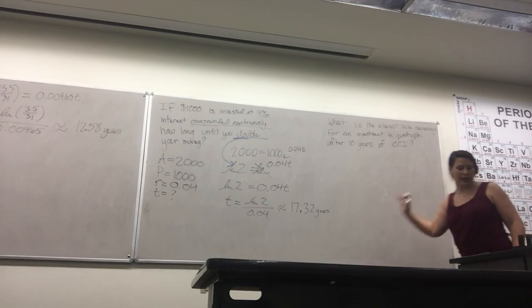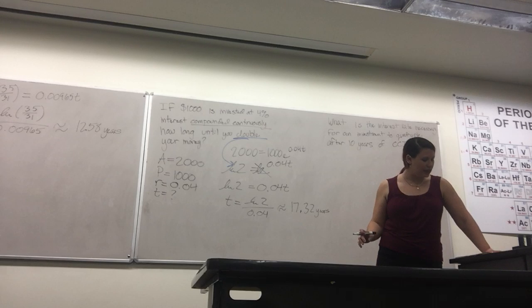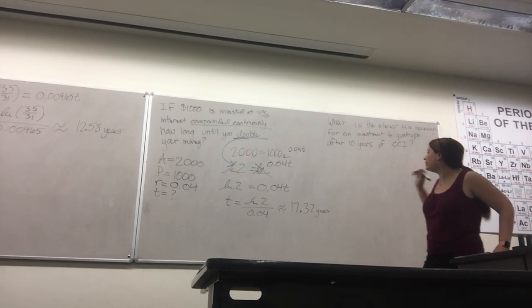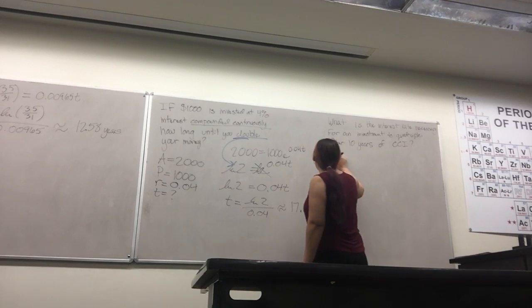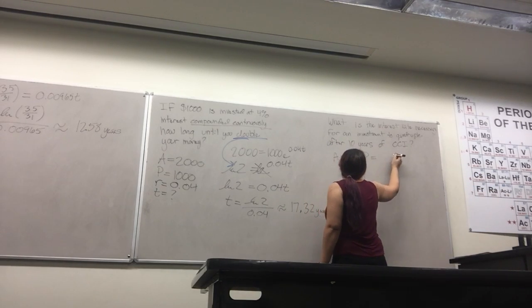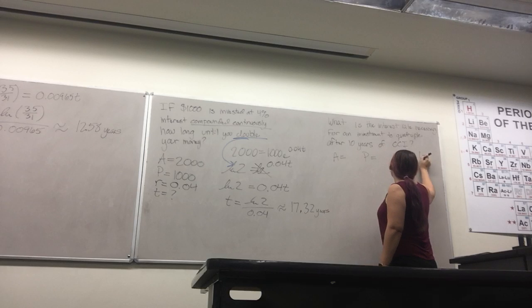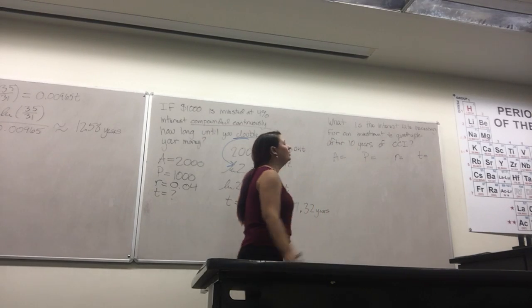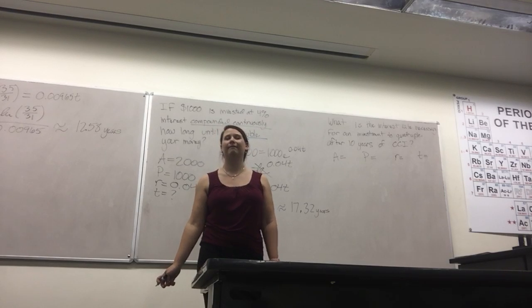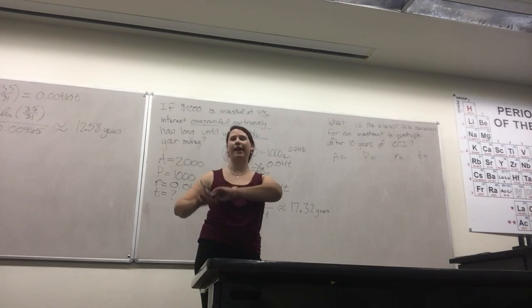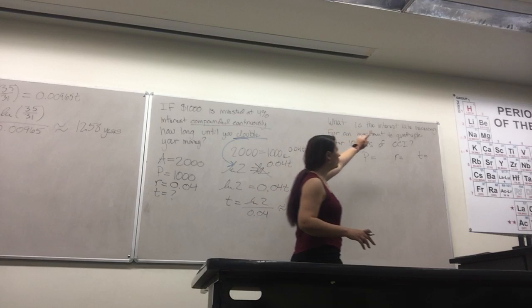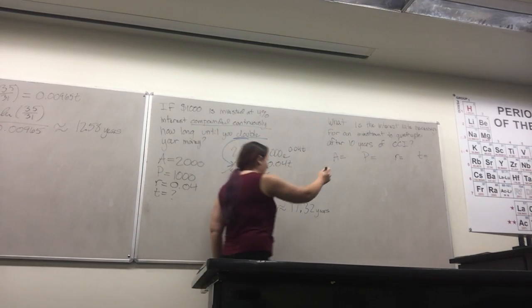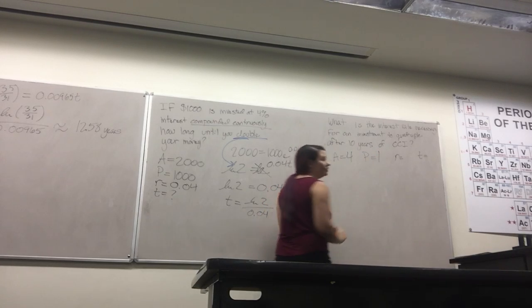So, in these kind of cases, right, let's figure out again what we were given and what we want to find. So we have our four things. We have A, P, R, and T. So were we given A and P? In a roundabout way. Because they told us we want to quadruple. So we have to use this theory here. A is 4, P is 1.